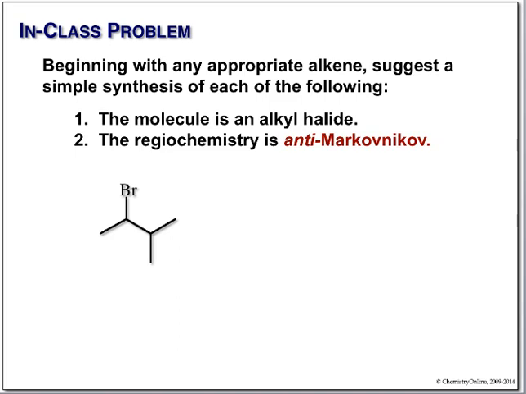The second question you ask is, okay, how many ways do I know to make anti-Markovnikov alkyl bromides? One. Just one. That's the addition of HBr to an alkene with peroxide present.